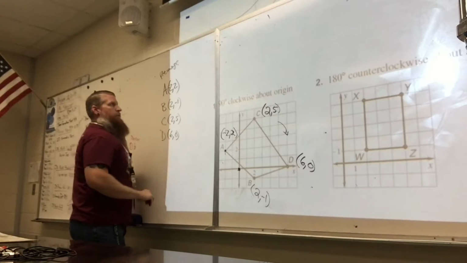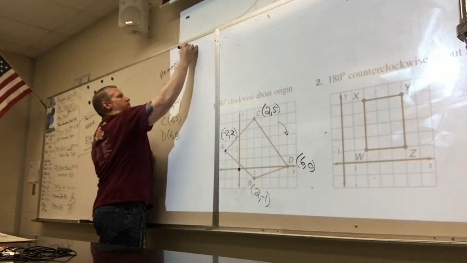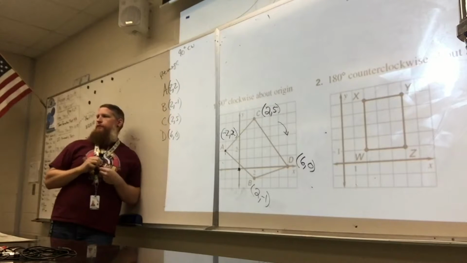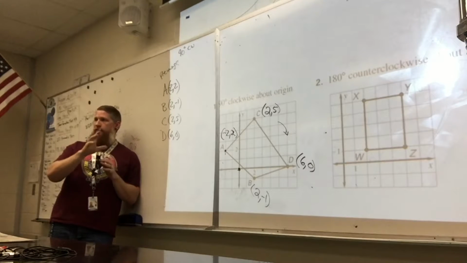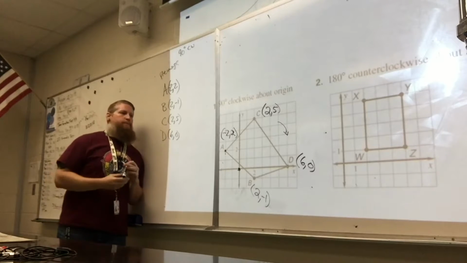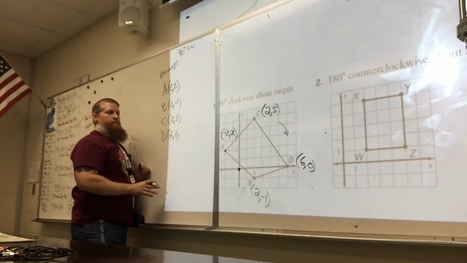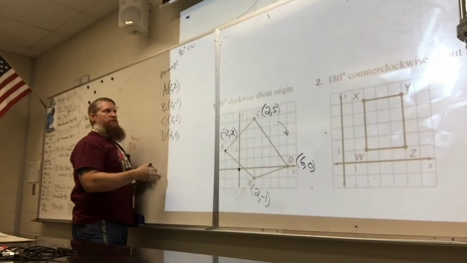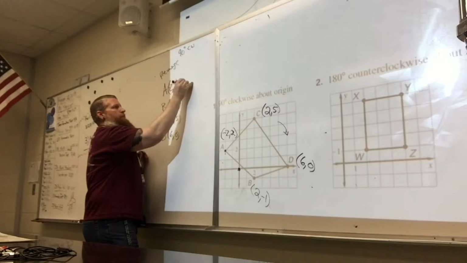D was 6, 0. Okay, now, when you do the 90 degrees or the 270 degree rotations about the origin, like around the origin, so origin is your center point, I would suggest writing these out because there are shortcuts to it, the patterns that were in that chart, instead of necessarily graphing it.